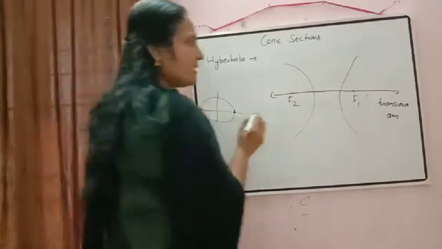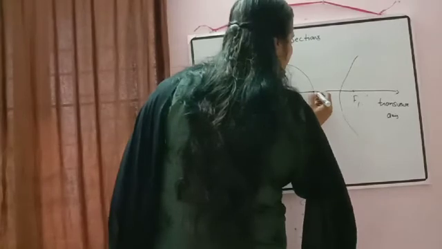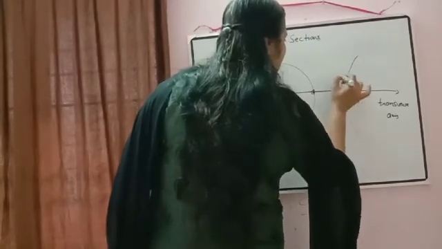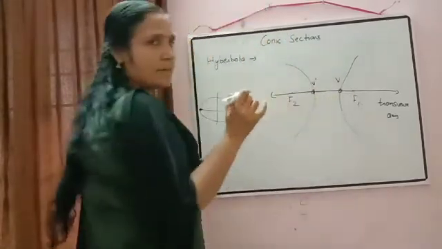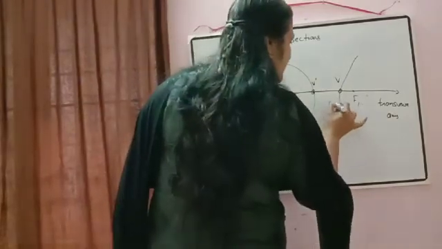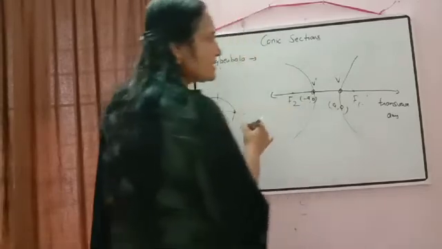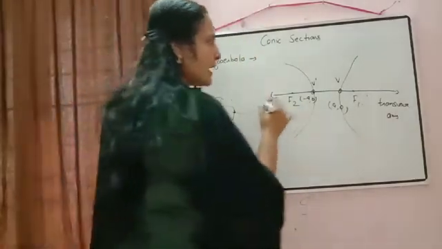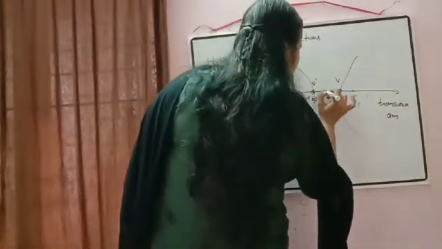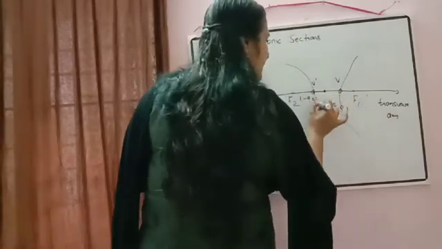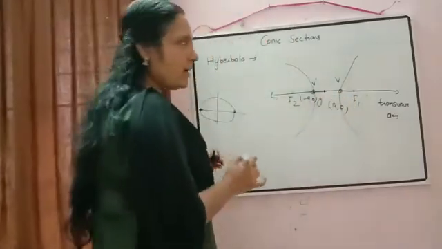So here also where the hyperbola intersects the transverse axis, those will be the vertices of the hyperbola. So vertices we will take as the point a comma 0, and here minus a comma 0. The midpoint of the two foci will be the center of the hyperbola.